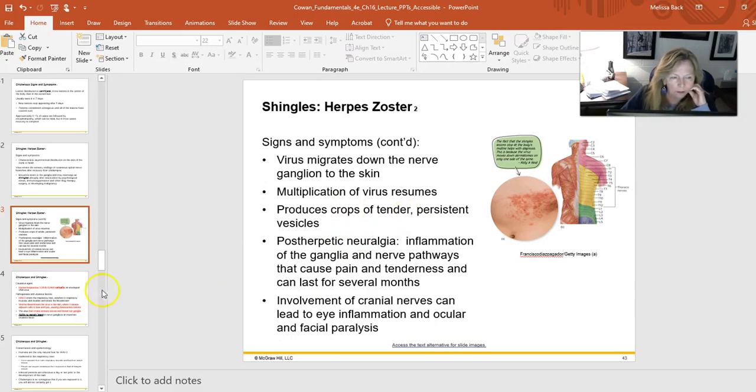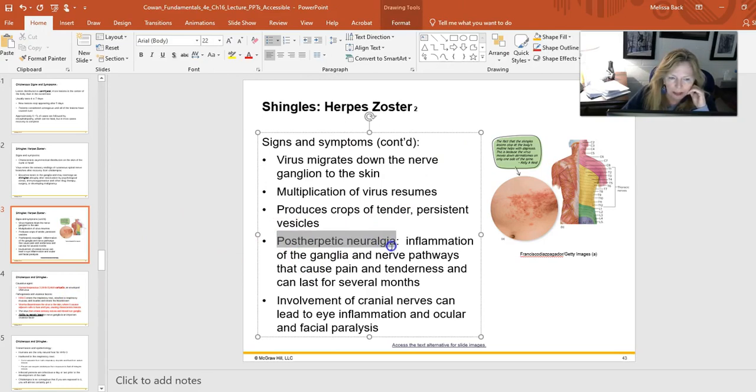For many patients, especially elderly patients who keep the post-herpetic neuralgia, it's the beginning of the end for them, because the pain is so severe that it interrupts their sleep, their appetite, and the way that their immune system functions, and you can almost map their decline after a very serious shingles outbreak.